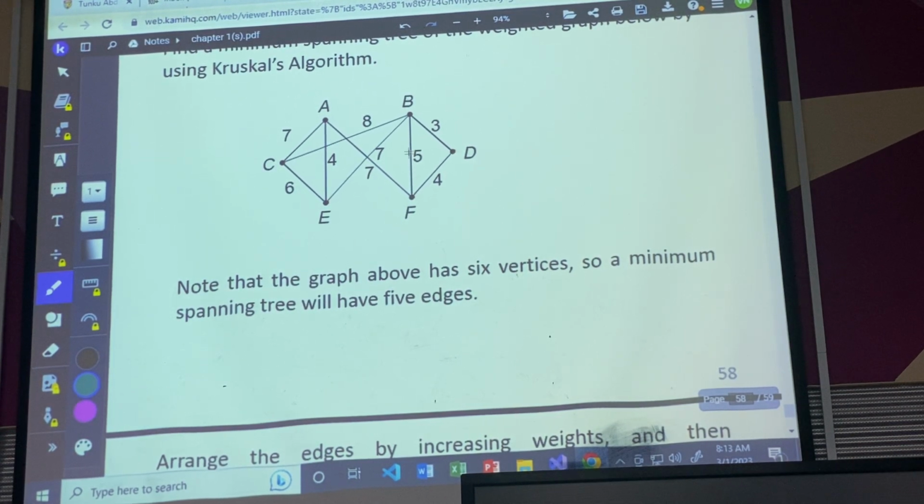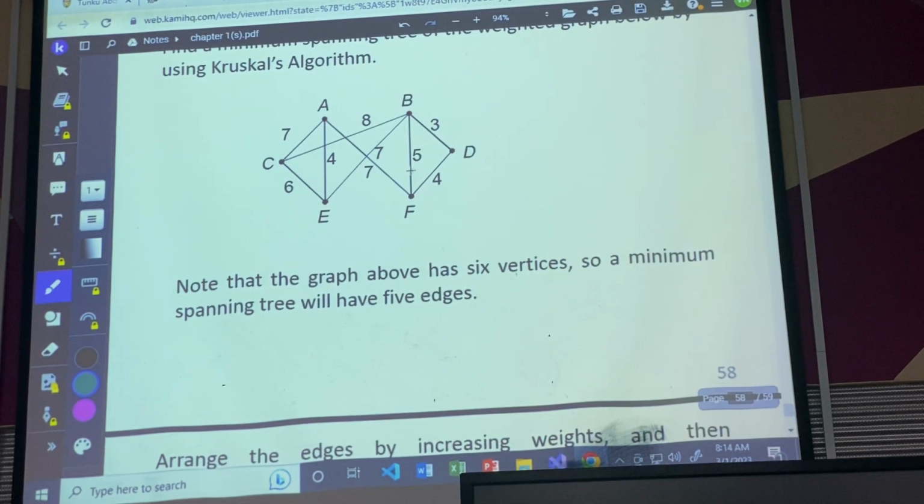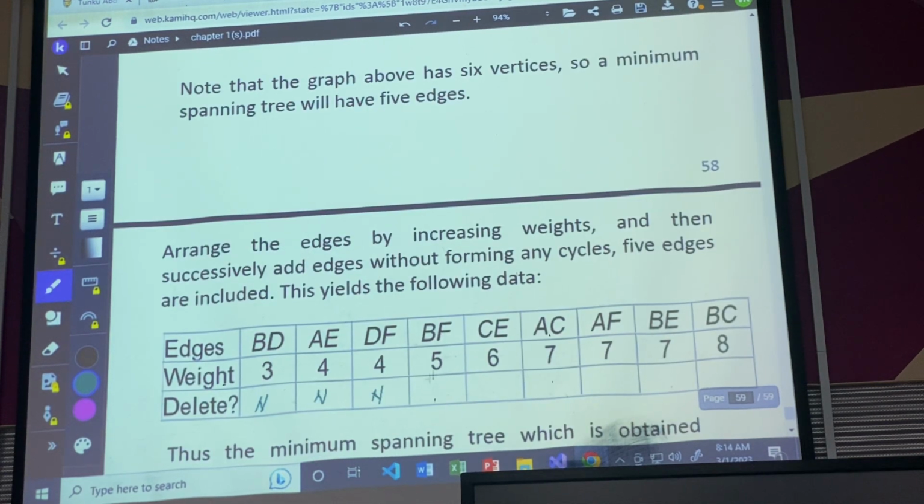Can you still include BF? Cannot, isn't it? If you include BF, what will happen? What happened to the graph? It will be a cycle, right? So it will form a cycle here. That means we cannot choose this anymore. Then we need to delete the BF. So in this case, we will say yes.